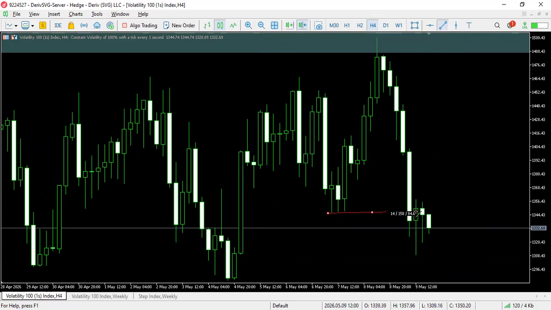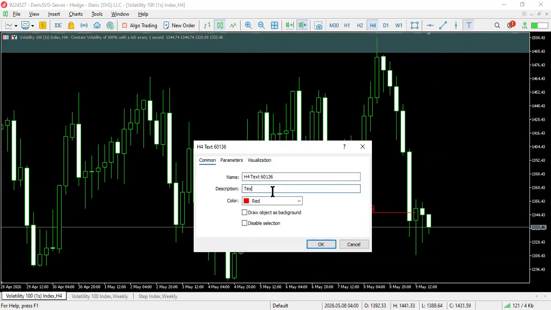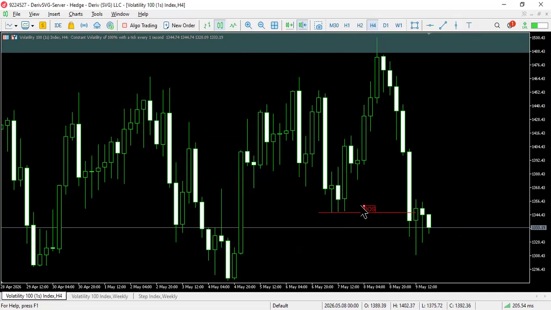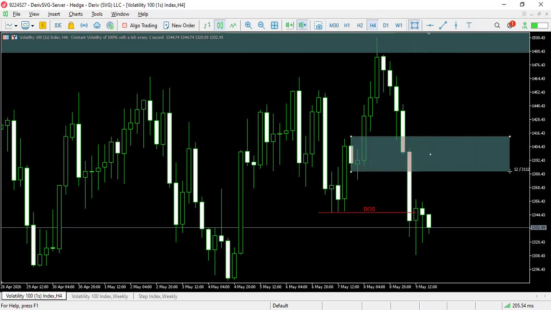So from here, we have a break of structure. From the 4 hours time frame, we have a break of structure right there. So we have a break of structure, and then the other block which caused the break of structure, it is this other block right there.